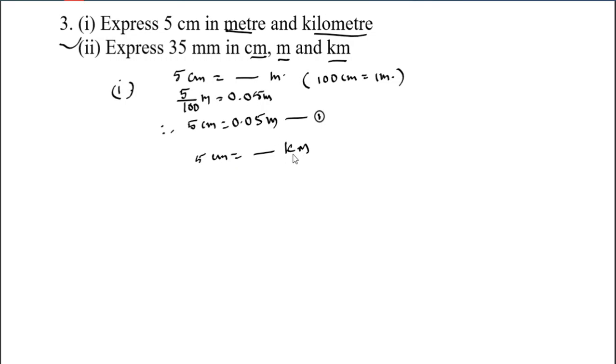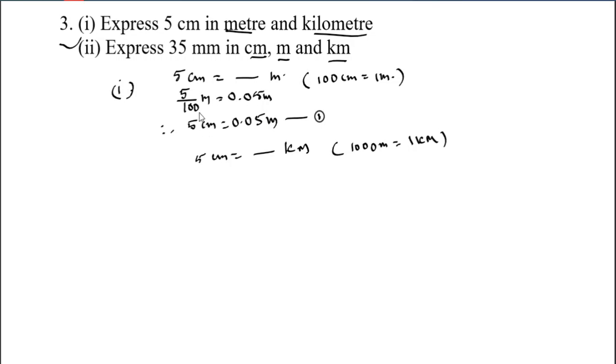So what is the relation between kilometers and centimeters? But here we know the relation between meters and kilometers: 1000 meters is equal to 1 kilometer, isn't it? Here centimeters are there, so instead of 5 centimeters, we write it in meters.